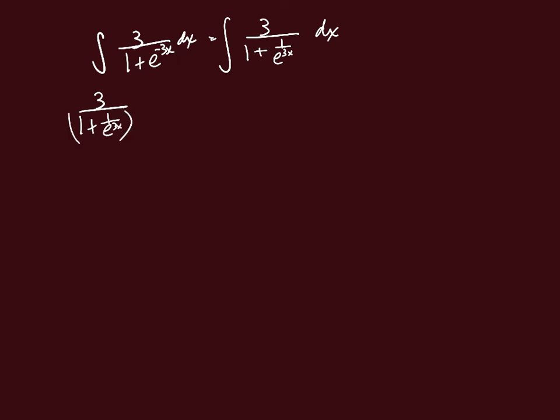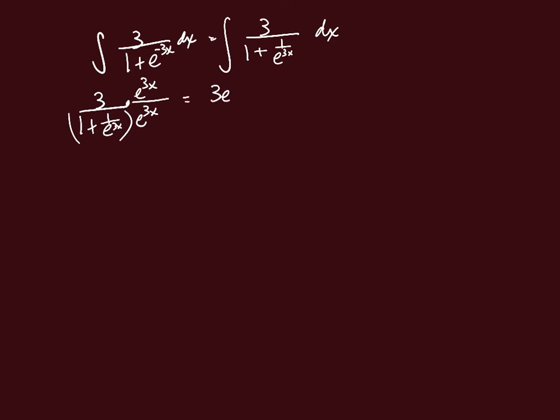Well, if I multiply this denominator by e to the 3x, and I multiply the numerator by e to the 3x, that's effectively multiplying by 1. So I haven't changed the value of whatever this rational expression is. But what happens when I do that?